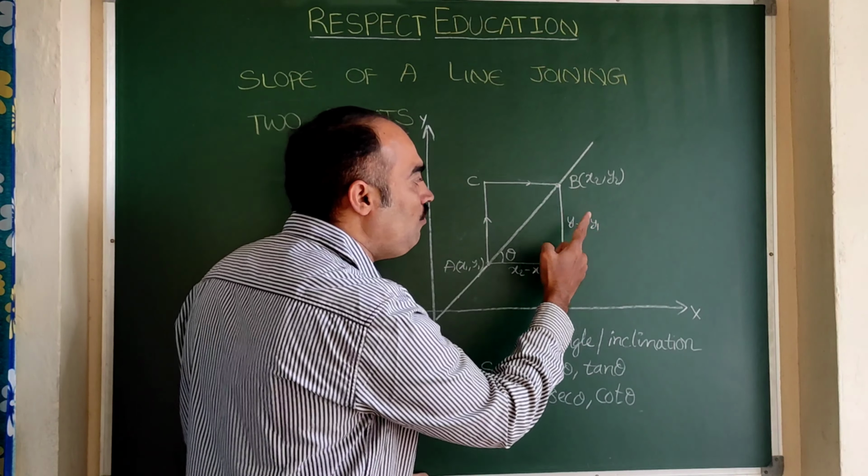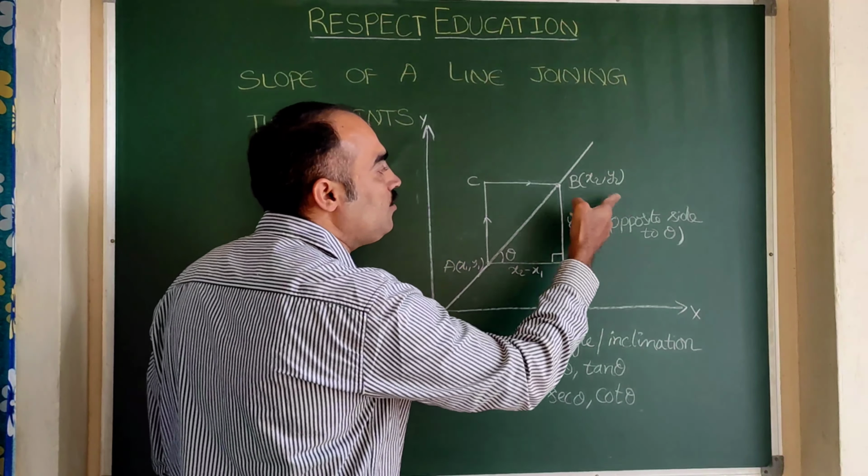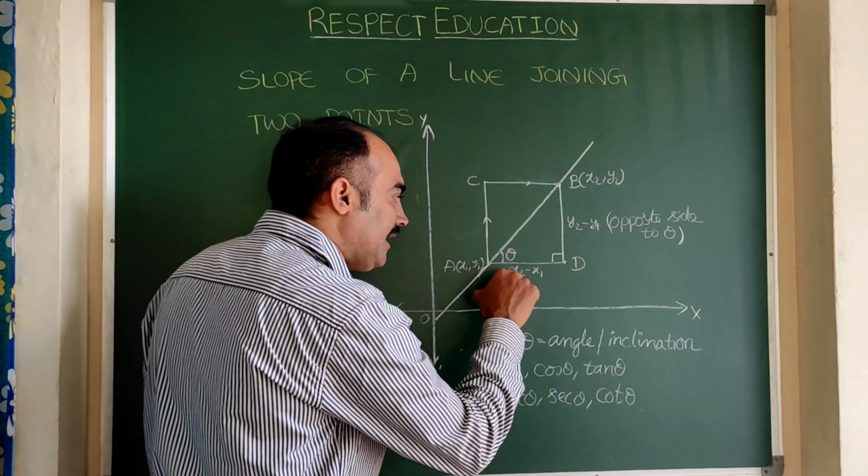It is the opposite side to theta. Then what is x2 minus x1 for theta? That is the adjacent side to theta. Clear?